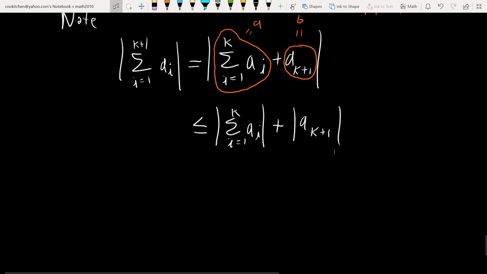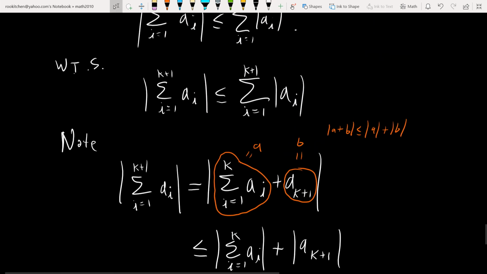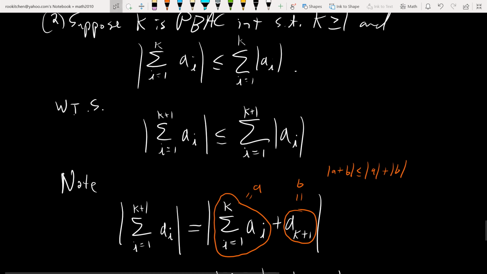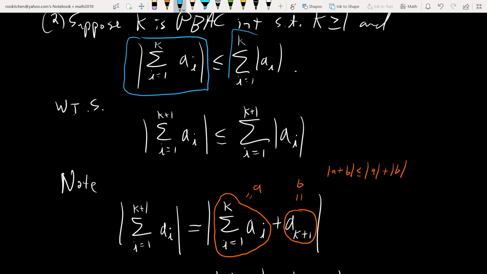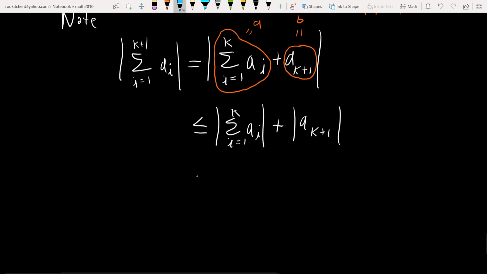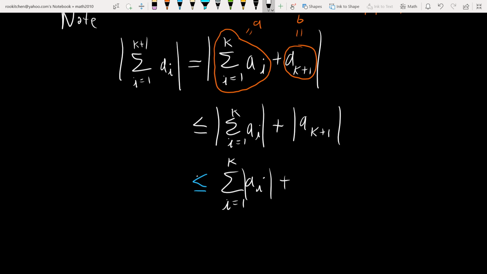All right. Then we can use our inductive hypothesis, which is back here, to replace this blue thing with this other blue thing. So what we have right now will be less than or equal to the sum of the absolute value of a sub i from i equals 1 to k, plus the absolute value of a sub k plus 1.